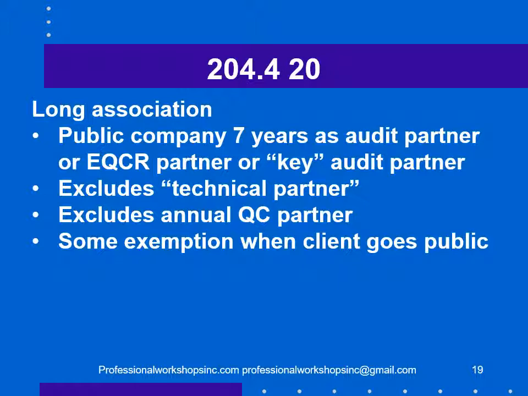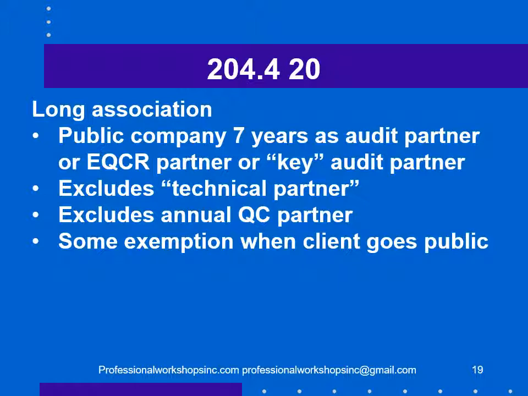Long association, this is a complicated rule. If you have been audit partner or engagement quality control review partner or a key audit partner, you've got 7 years, and then you have to rotate off. And you may no longer be involved with that client. There's a 5-year cooling off period before you can come back, but you've got to leave.